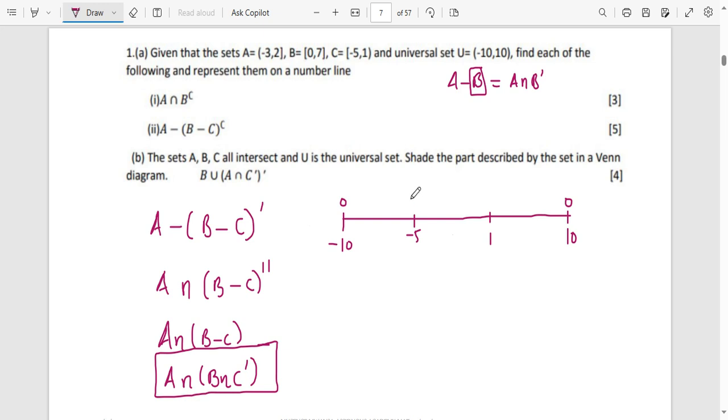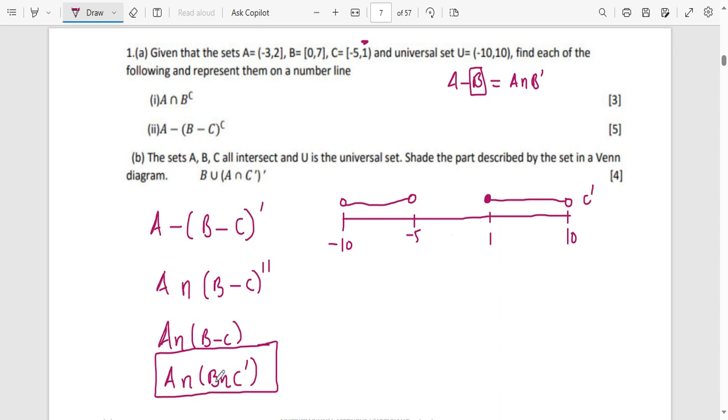It will not be. So I'll put an open circle here. How about 1? Is it part of the set C? Is it going to be part of the complement? Yes, so I'm going to shade that one and then simply join this side and also join this side. So what I've written here is C complement.